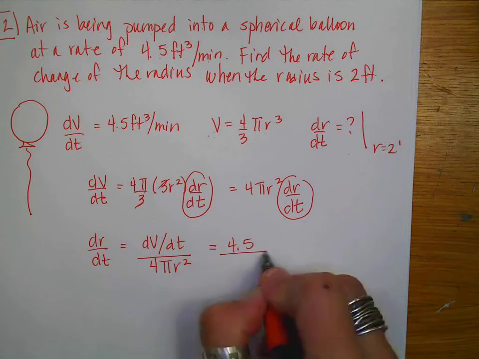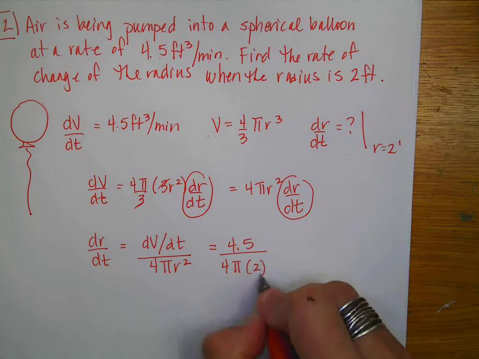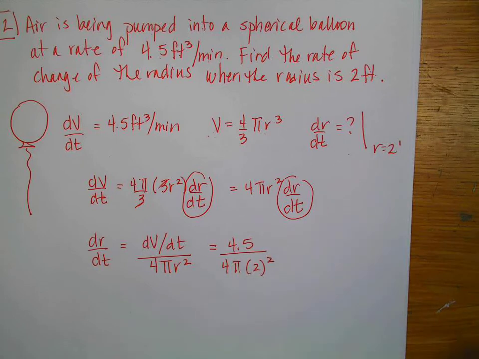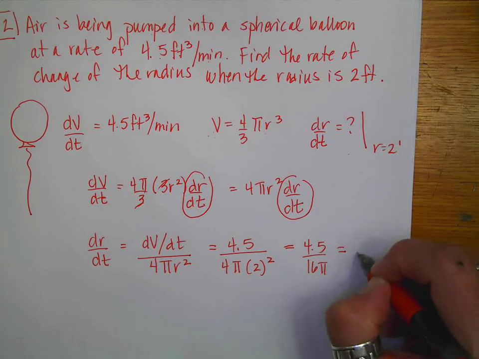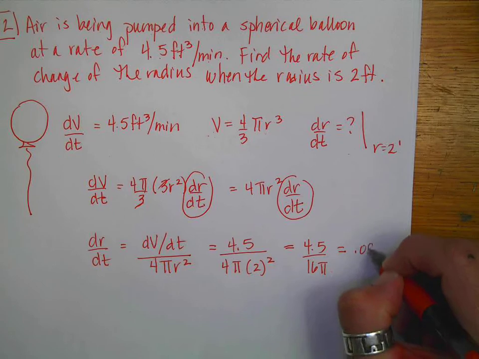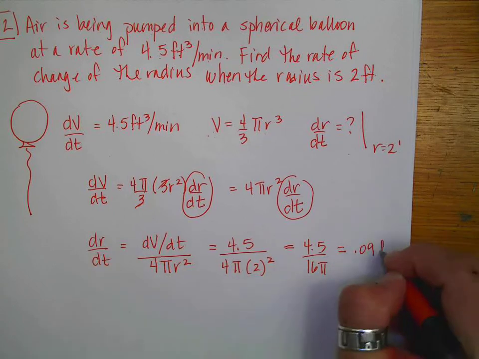Well, I know dV dt is 4.5, and then I have 4 pi, my r is 2 squared, and so when I do this math, I get 4.5 divided by 16 pi, and this is going to be 0.09, and let's talk about our units.